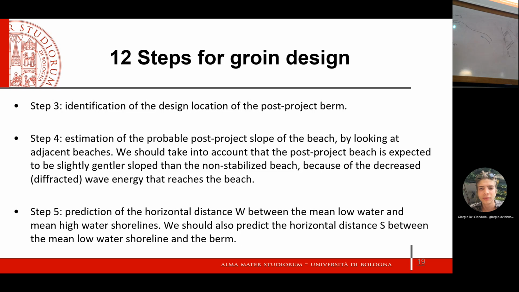So, of course, once we have estimated the position of the new berm, we have to estimate this horizontal distance S. And also it's important, based on the tide information, to understand the W.